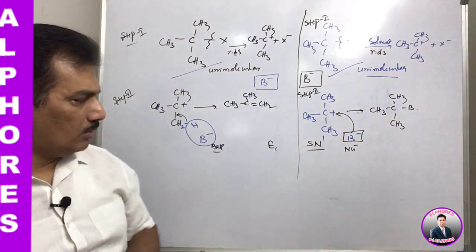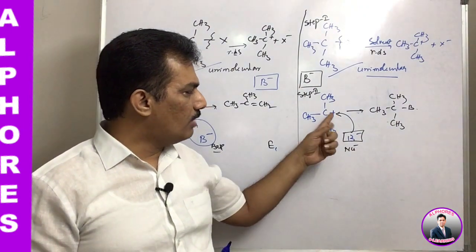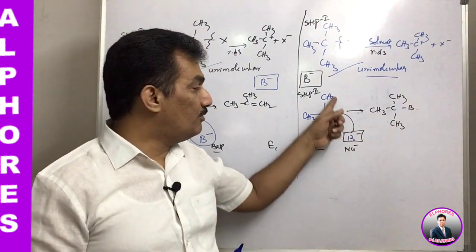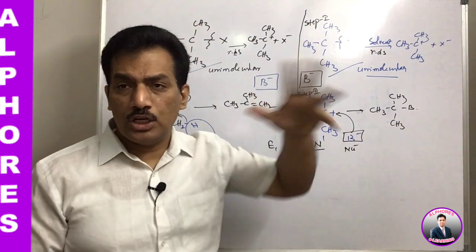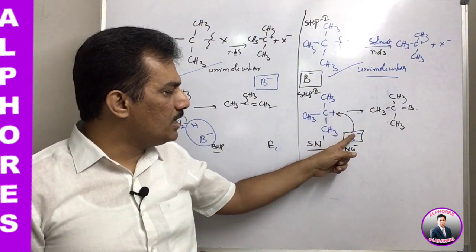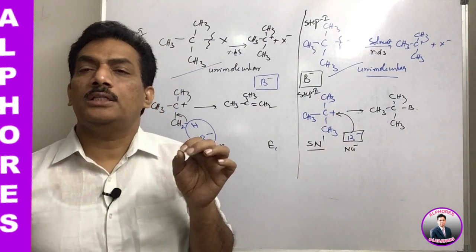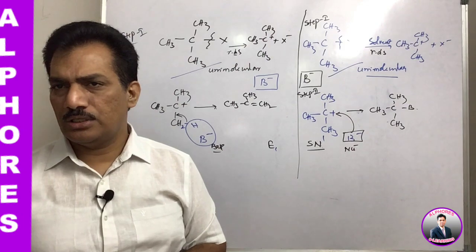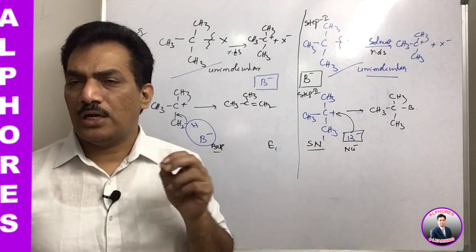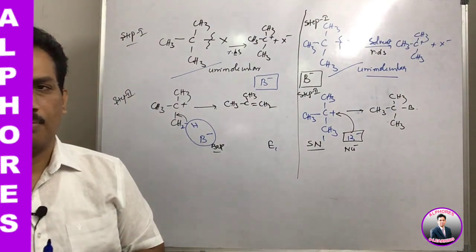Are you clear? And now the question is, in case of SN1 reaction, after formation of the carbocation, if the substrate is a stereomer, then after forming the carbocation B minus has the chance to attack on both sides, and thereby, as we already discussed in the previous session, SN1 reaction for a stereomer leads to formation of a racemic mixture.